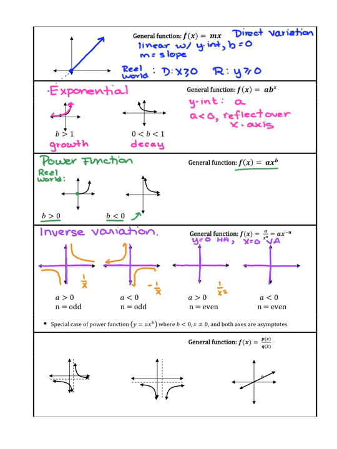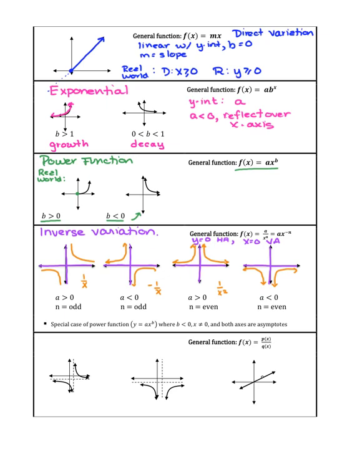Since you've squared it, it makes all the y values positive, so both branches are going to be up here. And if a is negative, that's now a reflection over your x-axis, and that would look like that.